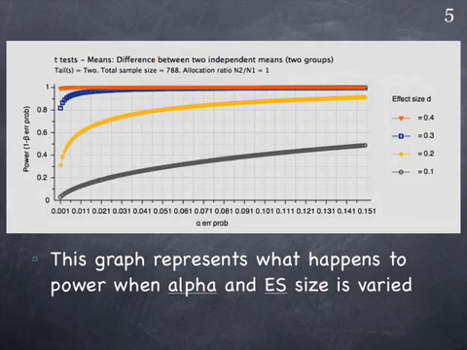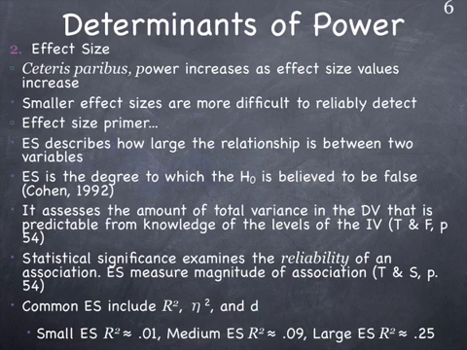So alpha is one determinant of power. Another determinant of power is effect size, yeah? And Cohen says someplace, and I can find it, that this thing we call science, the enterprise or the endeavor of scientific discovery, is all about effect sizes.